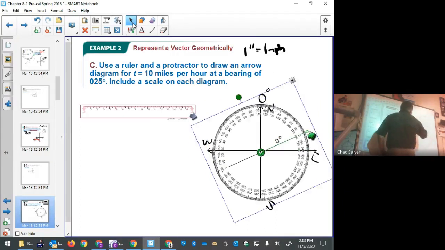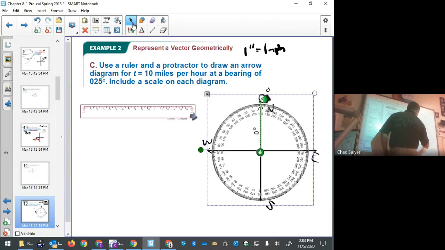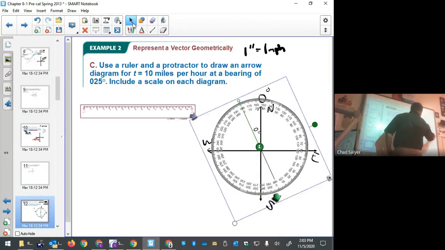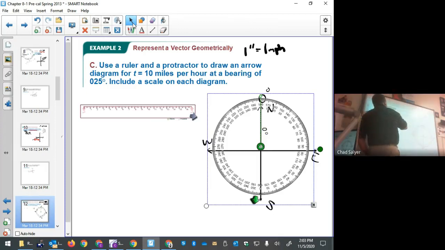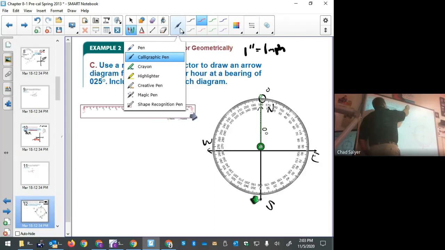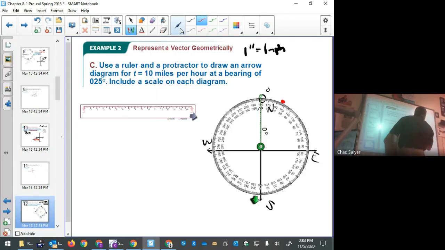So what I could do is rotate my compass until 0's there, and then the inner ring is the true bearing here. So we want 25 true bearings. That starts at north and moves clockwise. And this would be a point on that ray of 25 degrees.